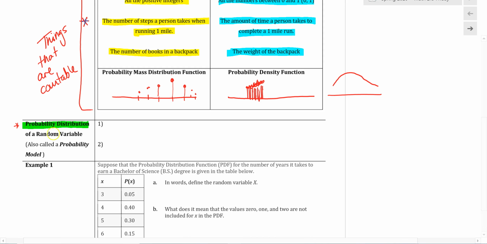Same thing here. So a probability distribution of a random variable, the same idea. What you do is you first list all possible values the random variable can take on. All possible outcomes that random variable gives, and then along with that you list the probability of each outcome occurring.